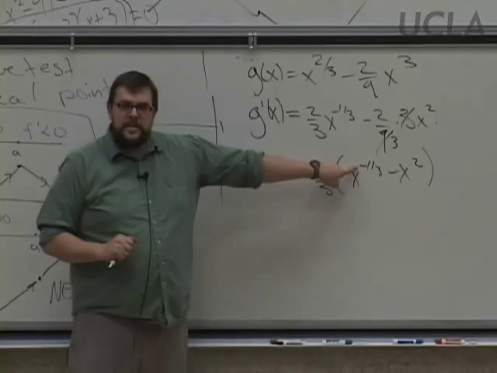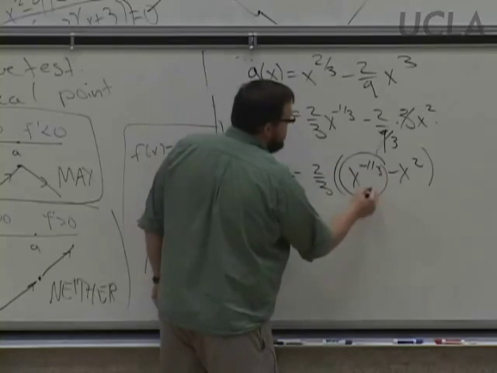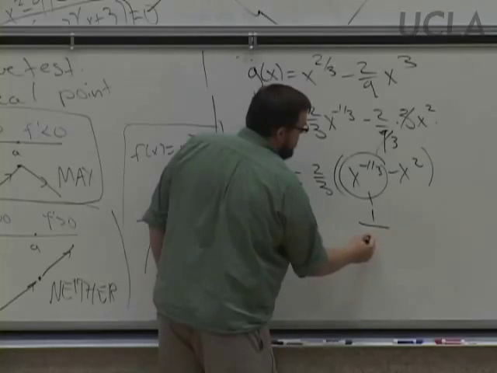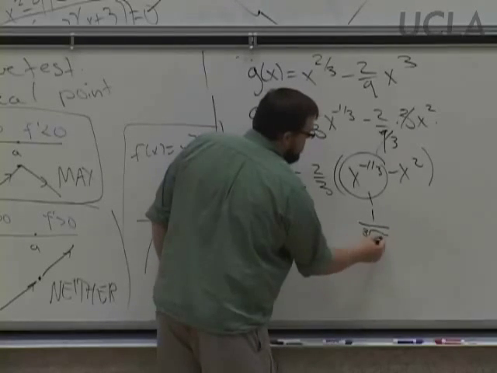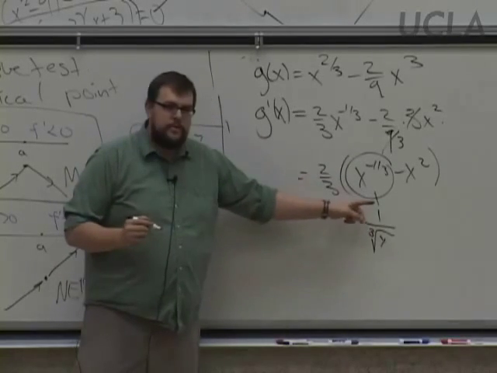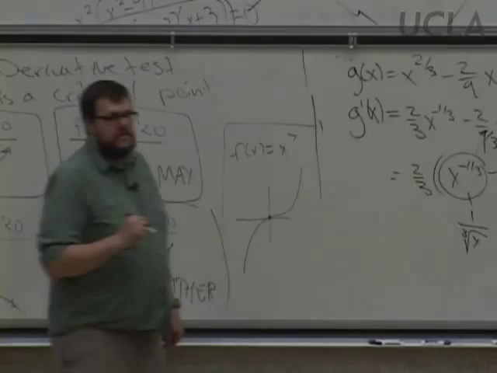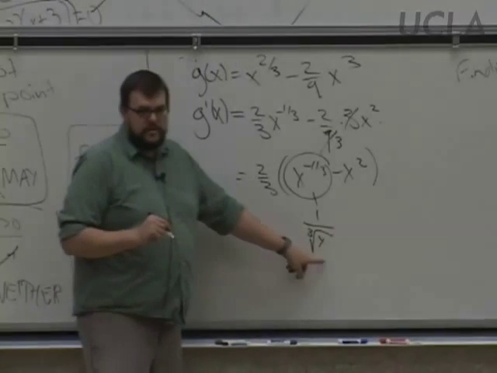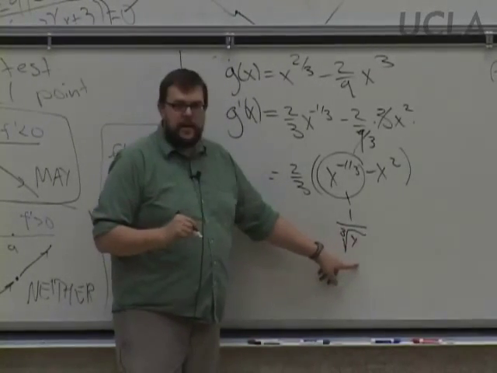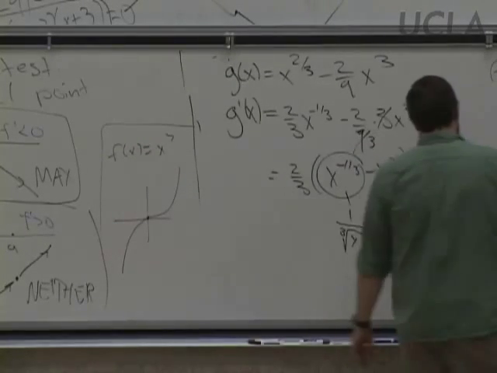See that exponent being negative? That's really the same as saying 1 over the cube root of x. So x to the negative 1/3 is the same as 1 over the cube root of x. Now, what's our problem with this one? When x equals 0, we're trying to divide by 0. So it's undefined at 0. So 0 is a critical point.